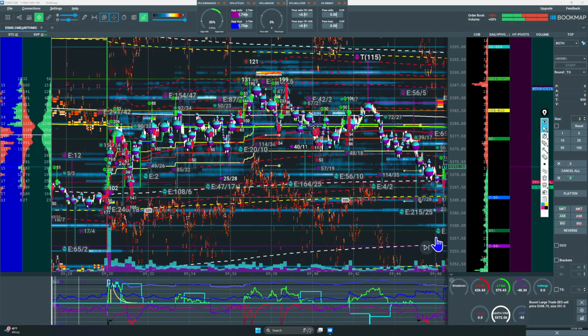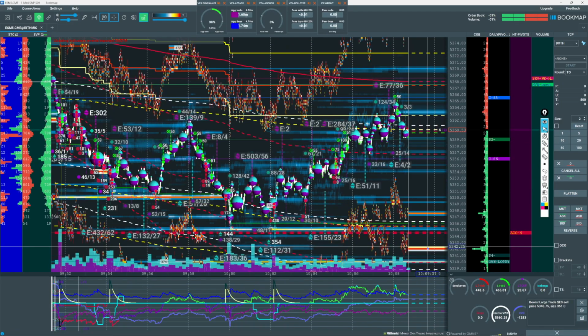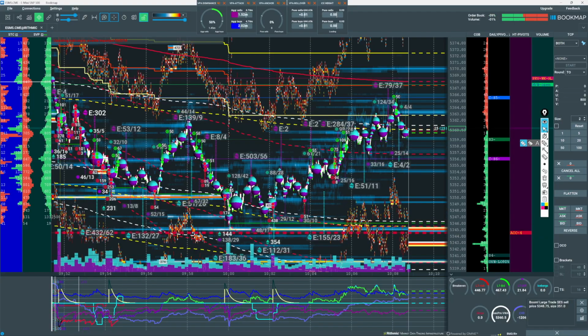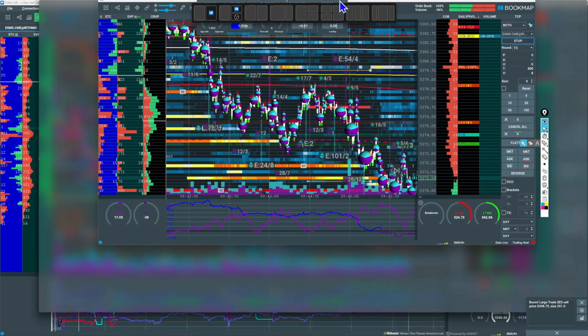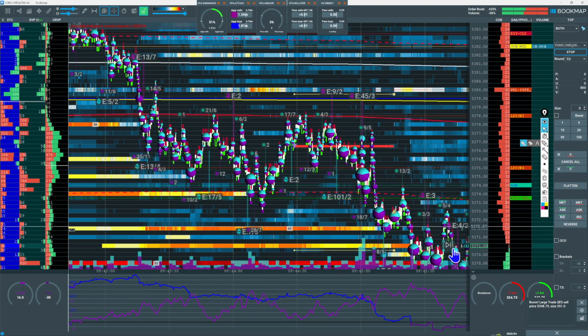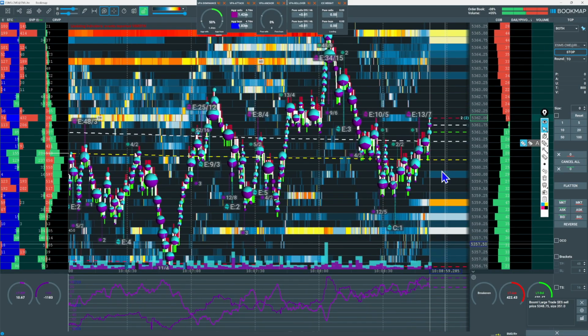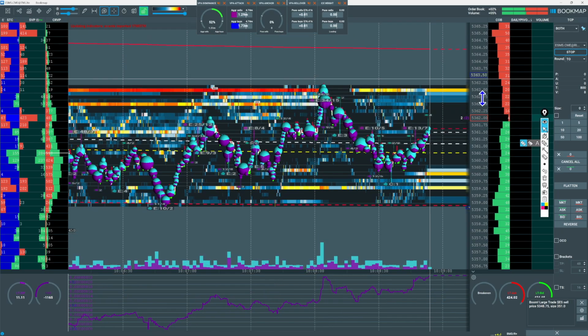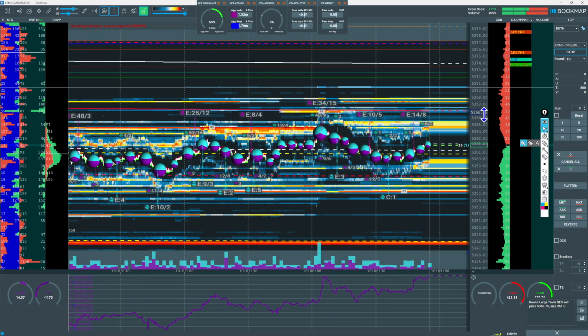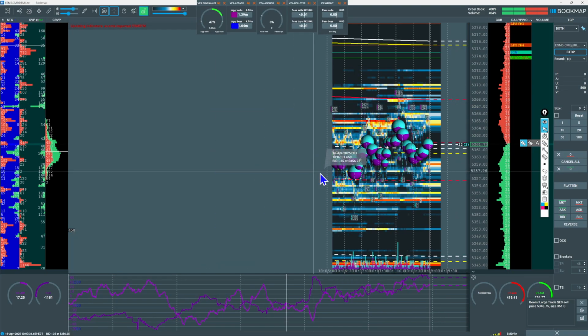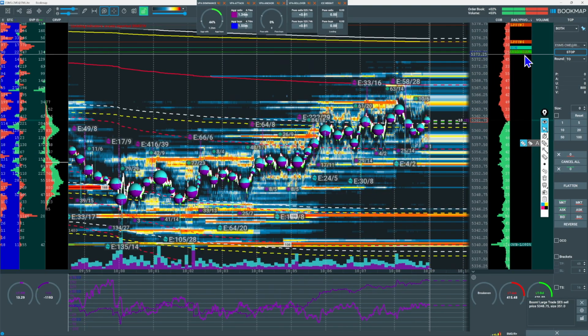So let's see what price is currently doing. Let me just bring this back across so we could point out where it is in relation to the Wyckoff levels, right? So we broke down a lot from this automatic reaction.